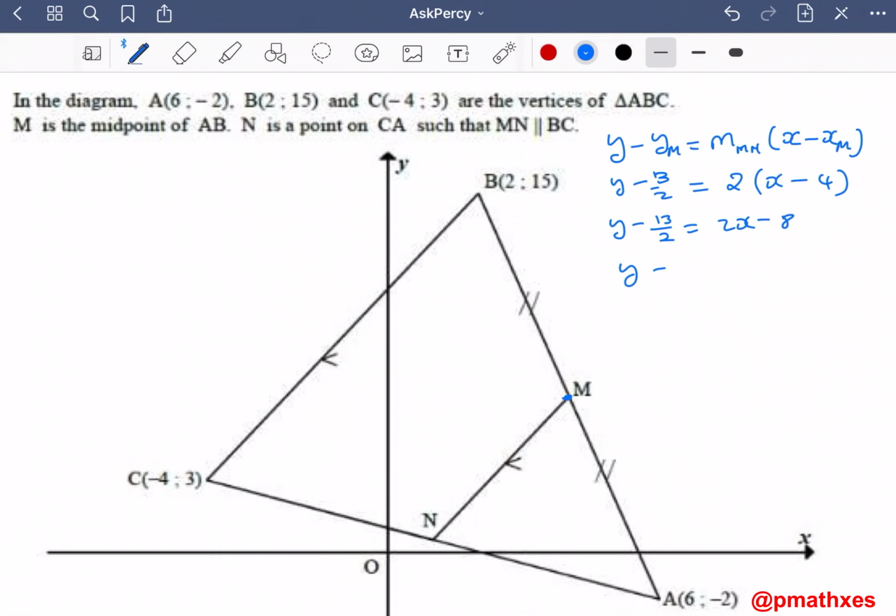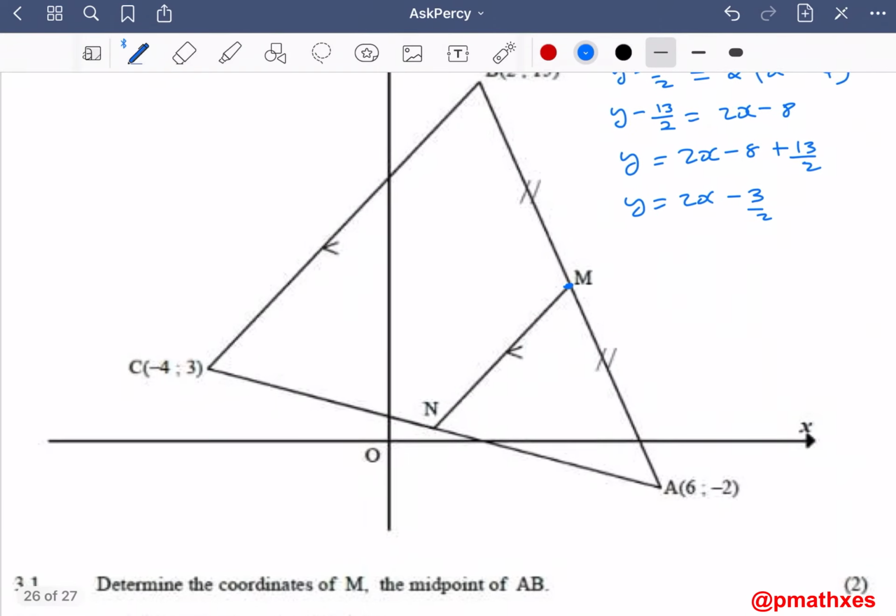And now what we're gonna do is take that -13/2, put it on the right hand side, becomes positive 13/2. So 2x minus 8 plus 13/2, so -8 plus 13/2 should get -3/2. That's 1.5.